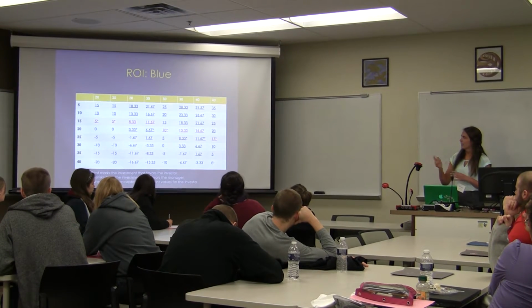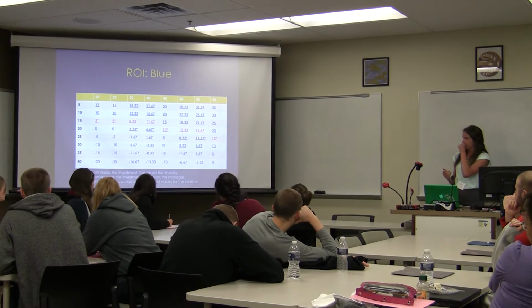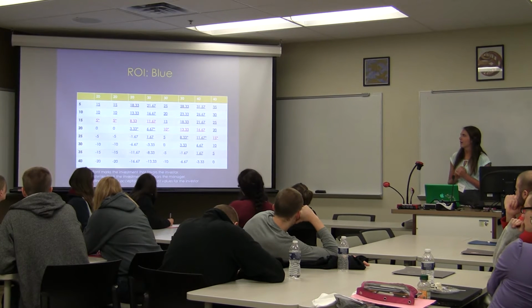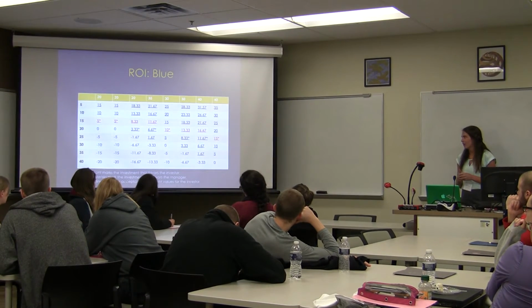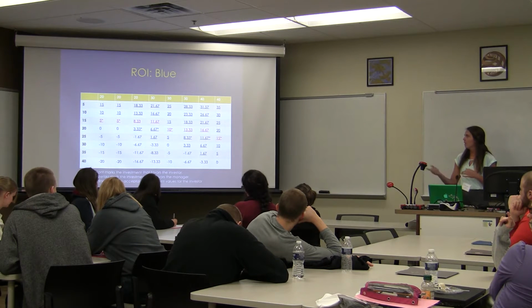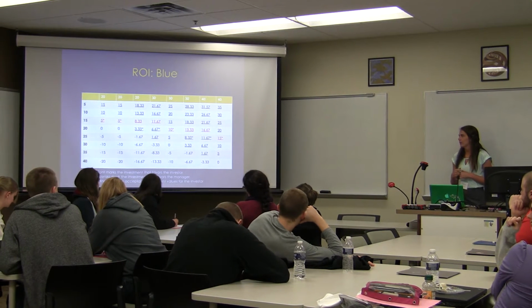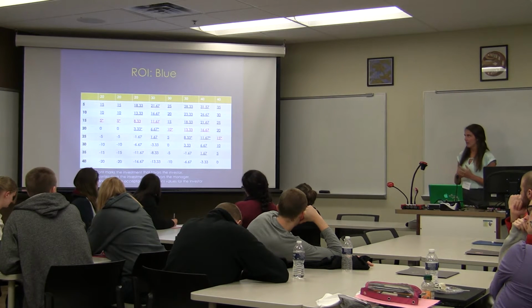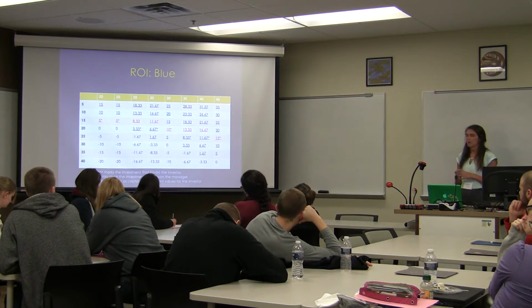So if you see, starting at the start of the game, you would expect to make about $11.67 with an investment of 15. And then the underline in the table also marks the acceptable investment offers for the investor. So anything that's a positive number is anything that the investor would be okay with investing.